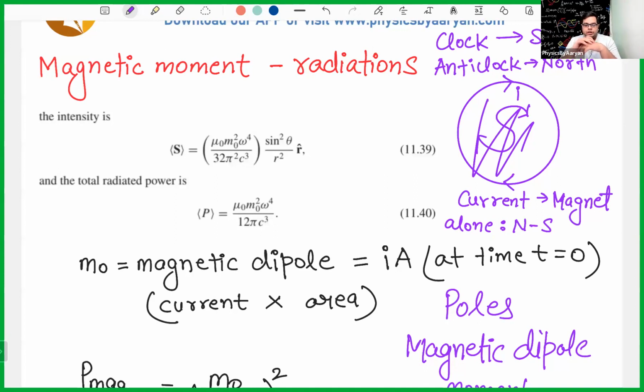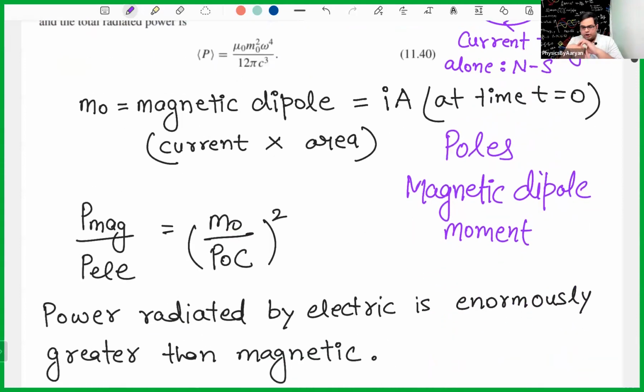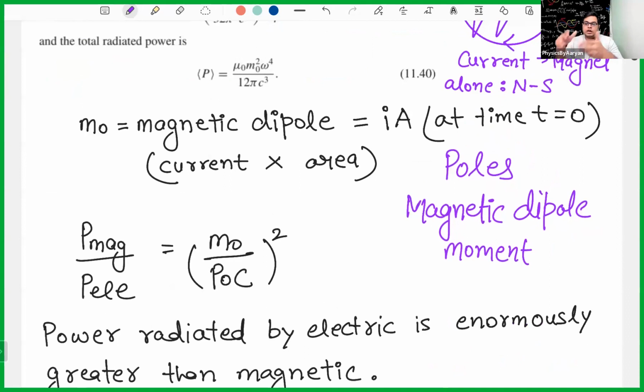So you can spend a little bit of time remembering this formula and noting it down. And if you need a full proof, you can go for the Griffiths book. Current in the loop must be changing, otherwise the magnetic moment will not change.